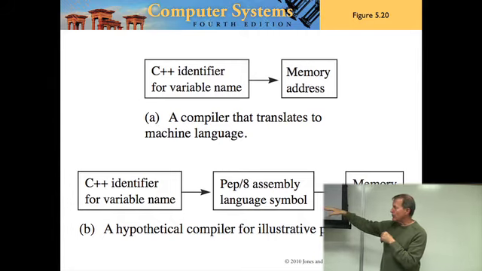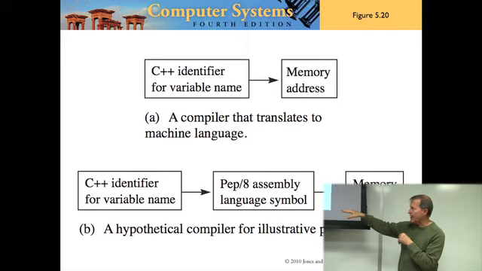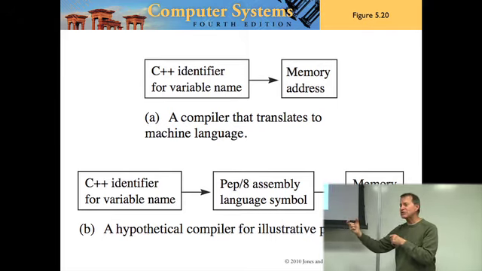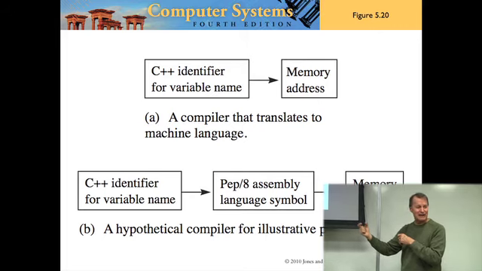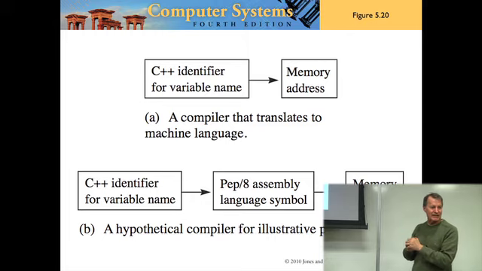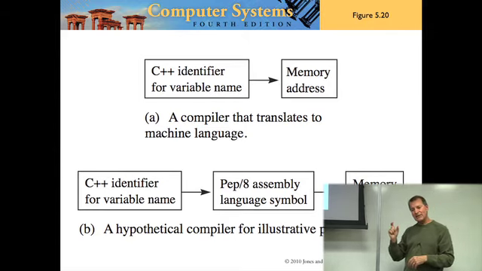But if we instead have it translate to assembly language, then we can use the symbol mechanism in assembly language to make the connection with the variable at the HOL6 level. So the symbol becomes like its name. We'll give it the same name as the name of the variable at the HOL6 level.